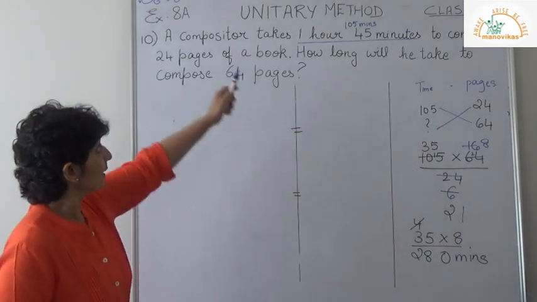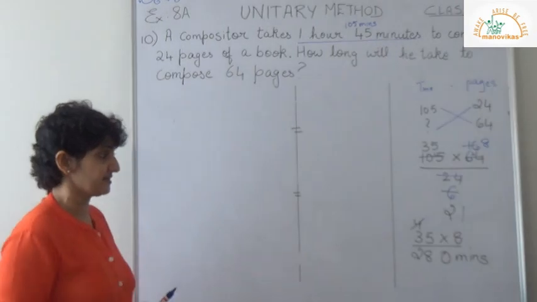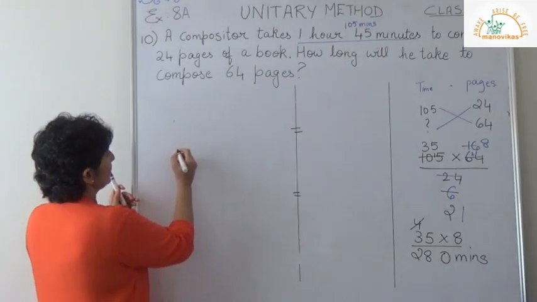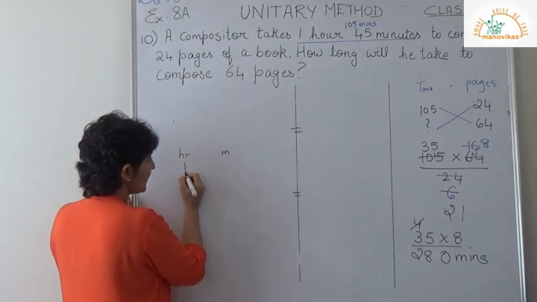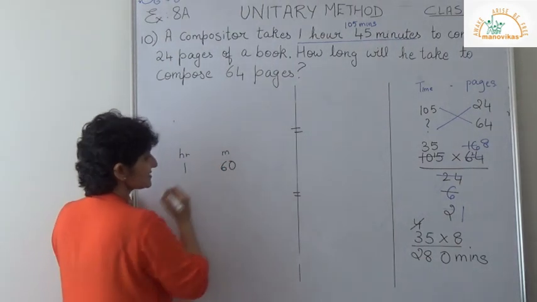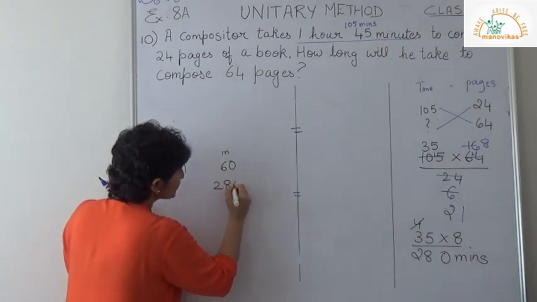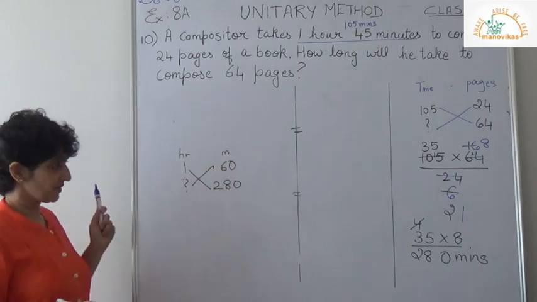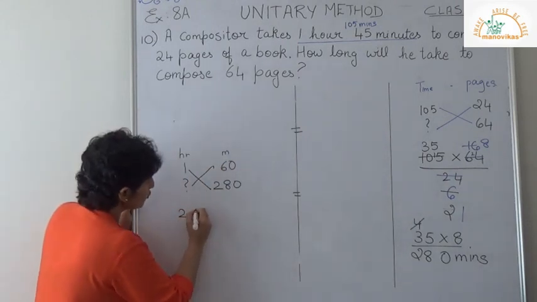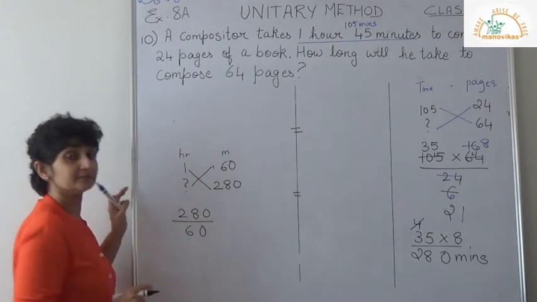Now we need again to convert into hours and minutes. Again, children, let's write here hours and minutes. You know 1 hour is 60 minutes. So 280 minutes will give me how many hours? That is 280 upon 60.